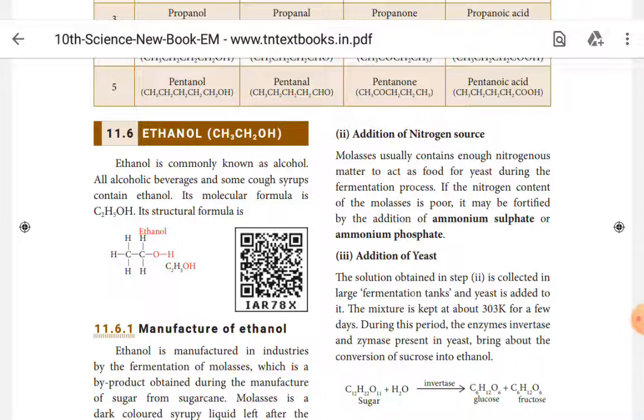The temperature is maintained at about 303 Kelvin for a few days, for 1 week or 10 days. So first the solution is kept in the fermentation tank, yeast is added, and temperature is maintained. Three things.